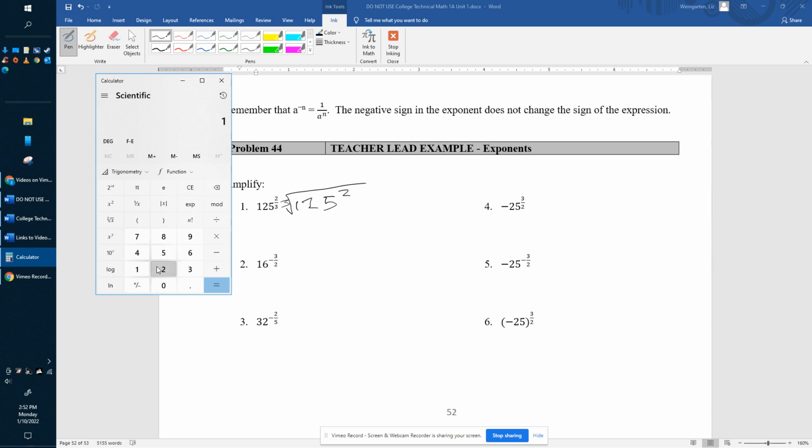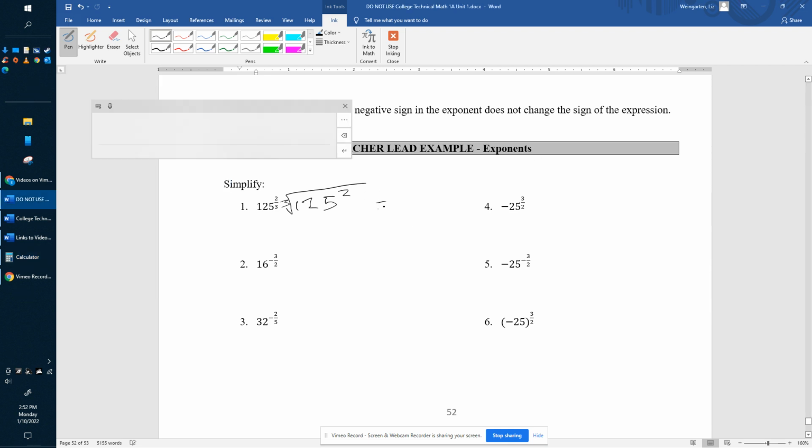So 125 squared. Then we can take that number to the 1/3. And we get 25. So that's pretty cool. So we can evaluate that completely.